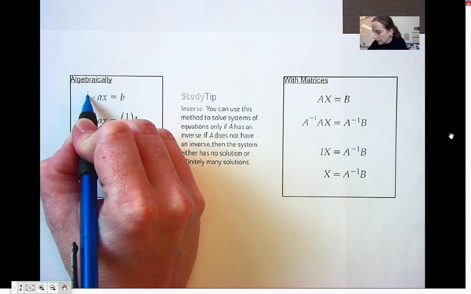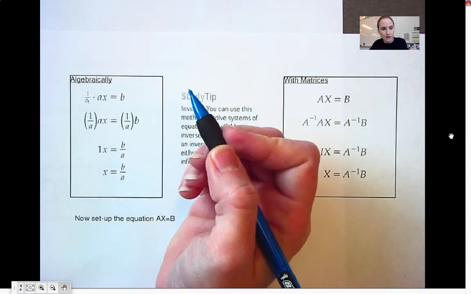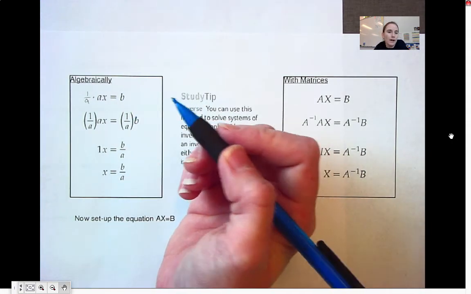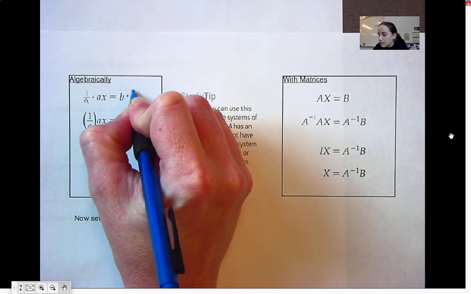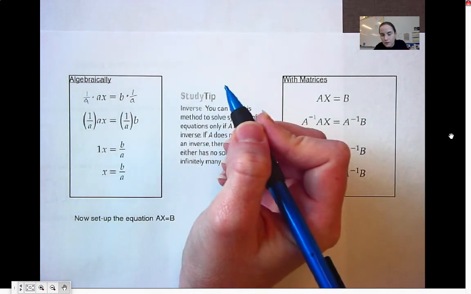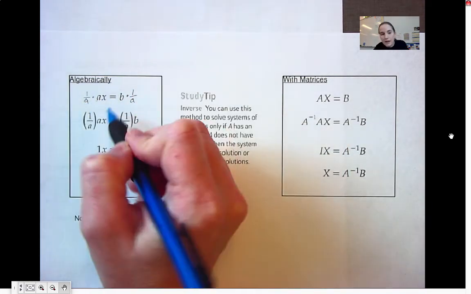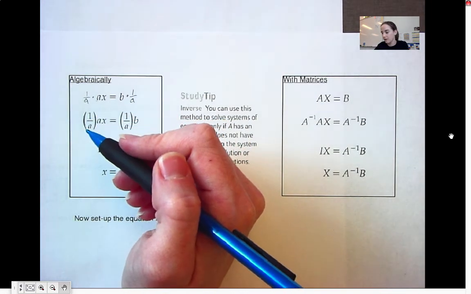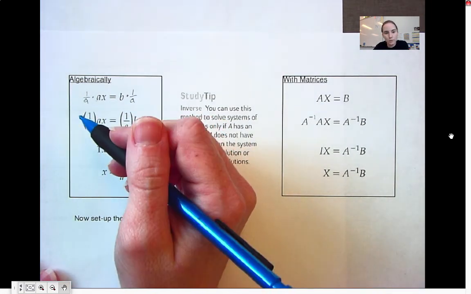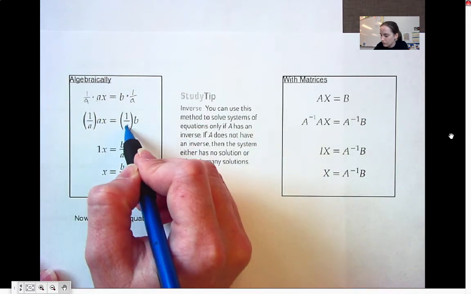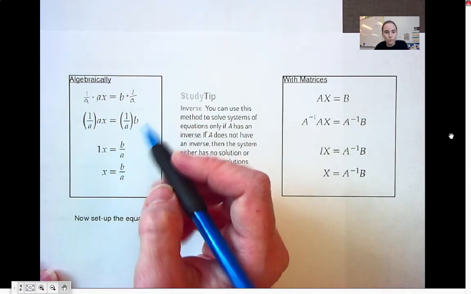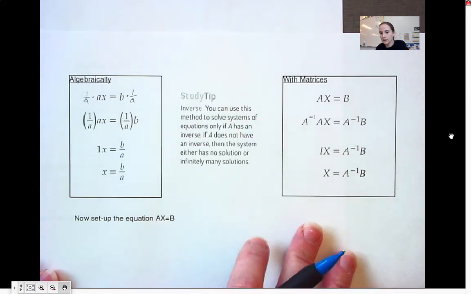If I multiply A by its inverse, it's 1 over A, which is the same thing as dividing by A. And I have to do both sides by its inverse, okay? A times 1 over A gives us 1, right? The identity. So that's why it works there. So we'd multiply by its inverse, and then we would simplify and solve, okay?